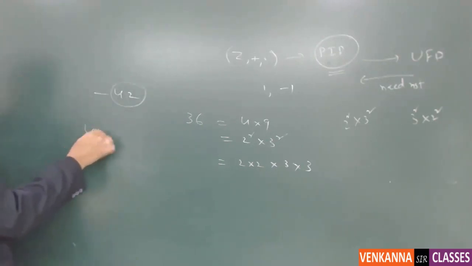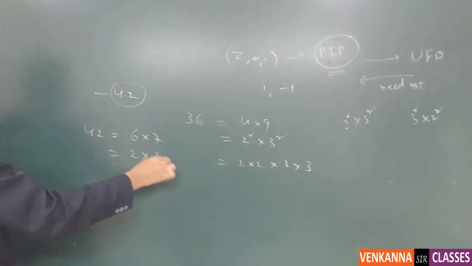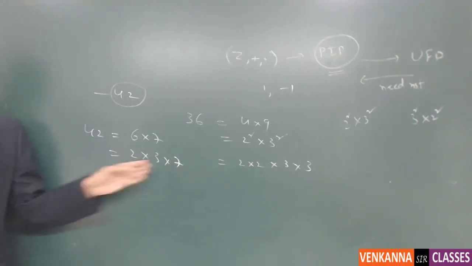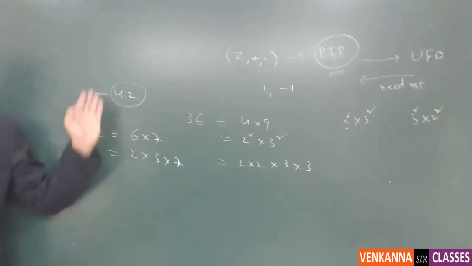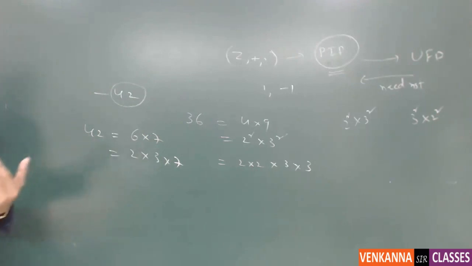For 42, you can have the prime factorization like 6 into 7, nothing but 2 into 3 into 7. If you consider minus 42, this is nothing but applying minus to each of the values. These are irreducible things. So you can take the positive as well as the negative. Whatever the case, factorization is possible.